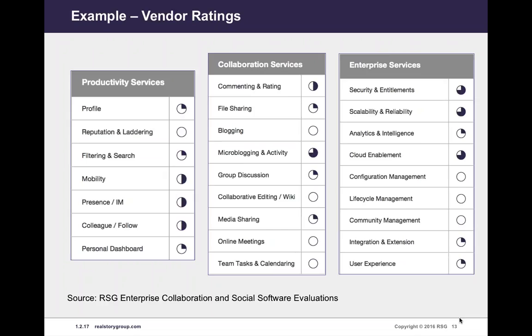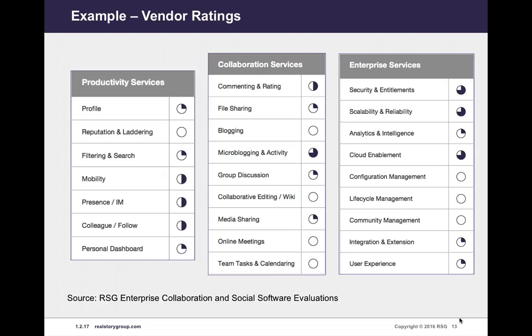Here, the focus is really on microblogging and activity. That should be a hint for you to see which product this could be. But it doesn't provide a lot of other support for the more collaboration-oriented things that you want to accomplish in a large enterprise setting. And all of this feature lightness is going to play out in a lot of different ways that we will talk about in a bit.